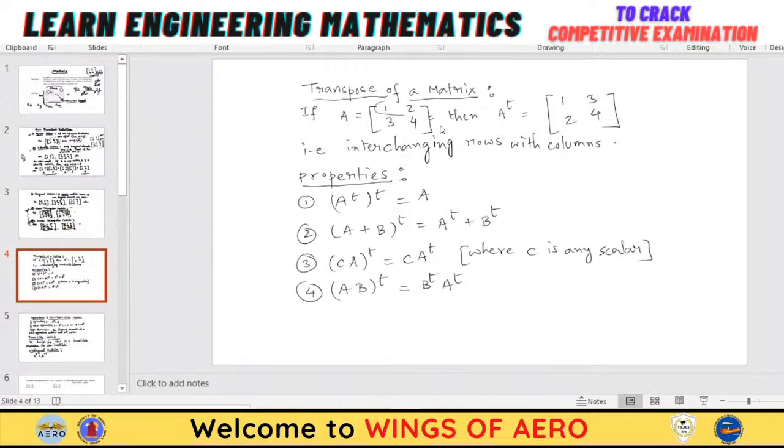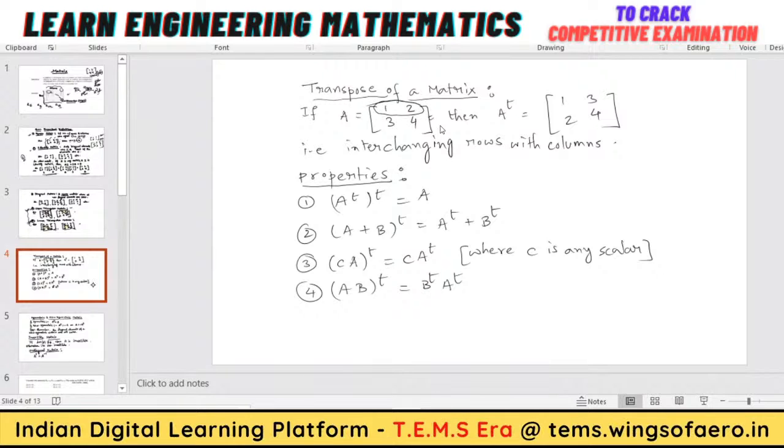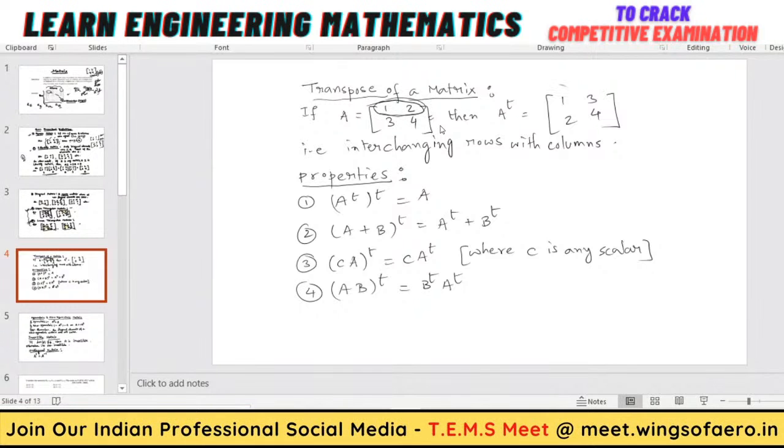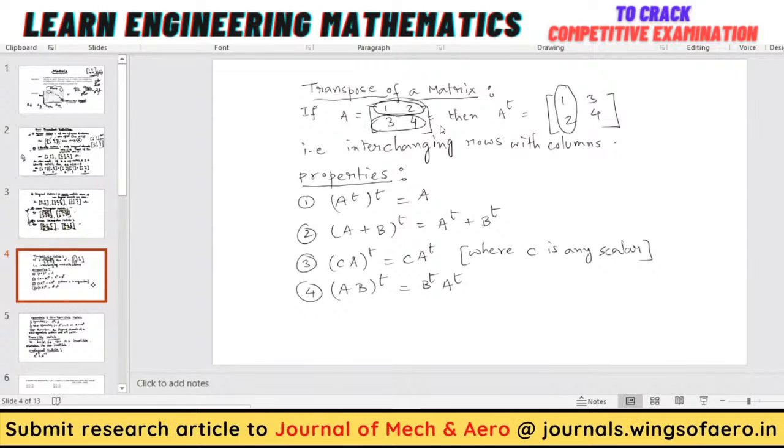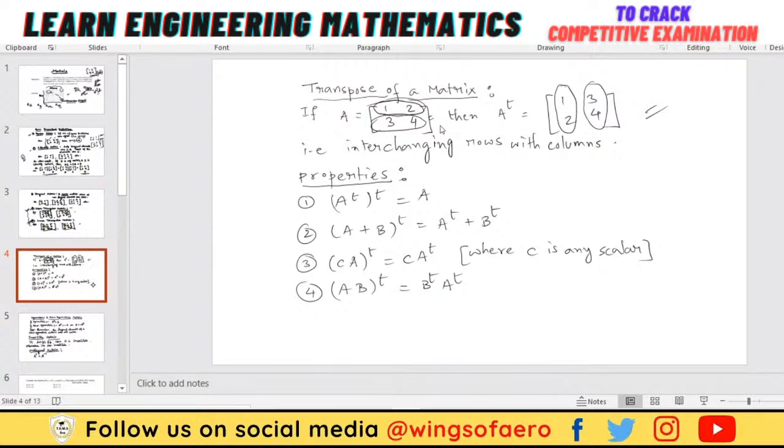The first row is 1, 2. You will convert it to the first column. So in the first column, we will write 1, 2. Similarly, 3, 4, in the second column, we will write 3, 4. It becomes the transpose. Now there are some properties of transpose.